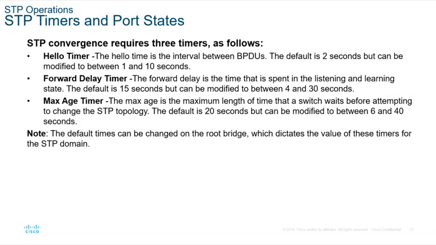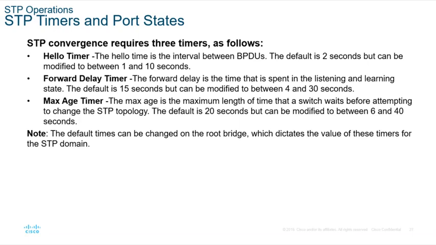Now, the 3 timers. In the process of converging, it's not immediate. The moment you lower this priority, it changes to that state or role. So we have the hello timer, which is the interval between BPDUs.